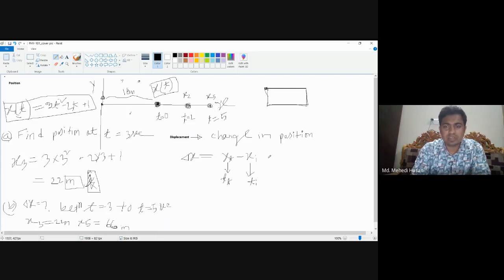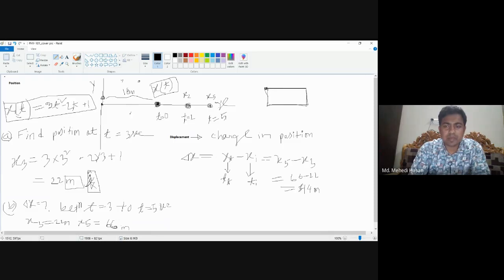Now del x is equal to final position x5 minus initial position x3. This is equal to 66 minus 22, which is equal to 44. So 44 meter, and the unit of displacement is meter. So 44 meter is the displacement between time t equal to 3 second and t equal to 5 second.